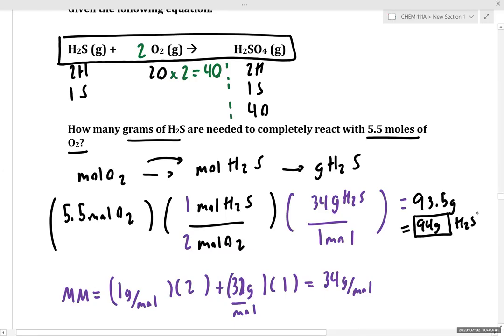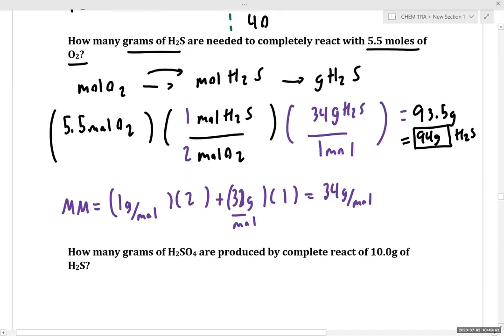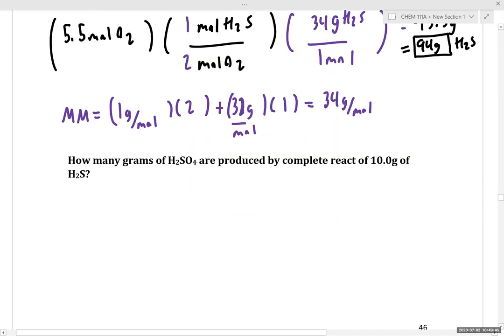Okay, so continuing on, we're asked to calculate how many grams of sulfuric acid are produced by complete reaction of 10 grams of hydrogen sulfide. So we're asked to go from grams of hydrogen sulfide, and we're going to end with grams of sulfuric acid.